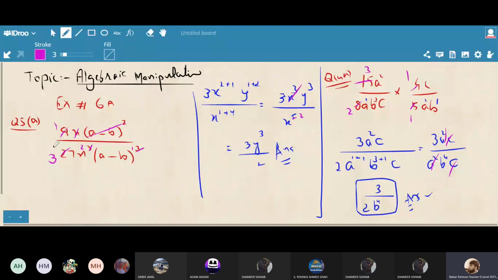What is my final answer? 3x, don't forget the power, a minus b. 3x square, a minus b. This is our final answer. Now I hope you will be able to do question number 5A as well. Sometimes breaking the middle term, I have taught you.